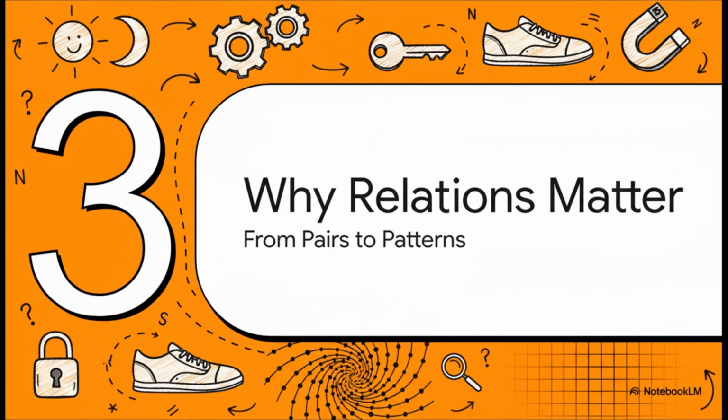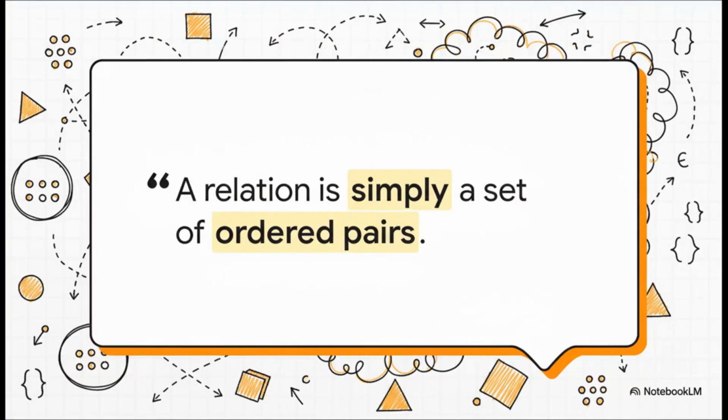So yeah, we've established they're everywhere. But so what? Why does this simple idea of just pairing things up matter so much? What's the big picture here? Well, let's circle back to that core definition one last time, because its simplicity is exactly where its power comes from. A relation is simply a set of ordered pairs. All we're doing is creating a formal mathematical way to say a connection exists here.